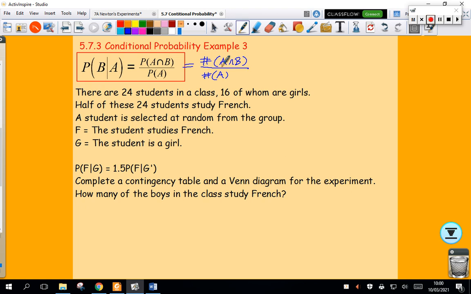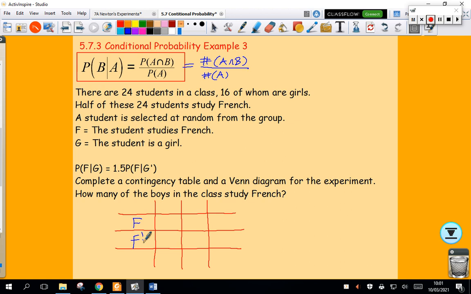So we're going to start off by thinking about a contingency table. There won't be enough information initially to fill the whole thing in, but we'll be able to get some information in there and then see where we're going from there. So the events are, first of all, event F, that the randomly selected student studies French, and the row below that is going to be F complement, always the complement.